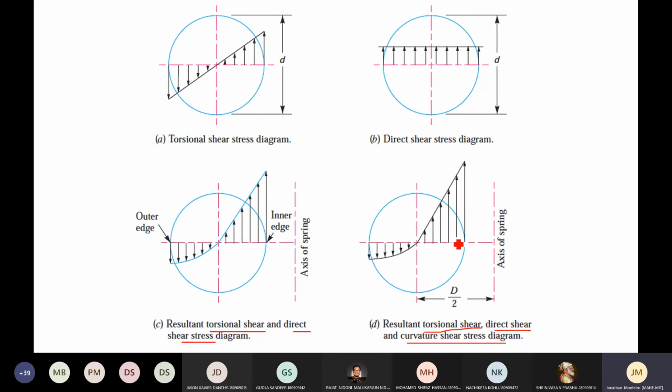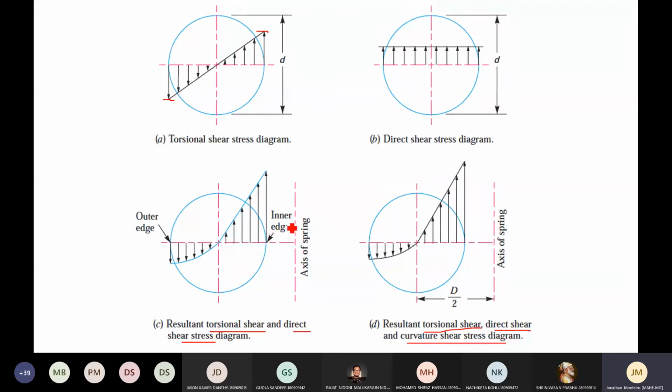Now, one thing you might notice: torsional shear stress is equal and opposite on each side, being a circular cross section of the wire. I'm not talking about the coil, I'm talking about the wire cross section. On this wire cross section, you have equal and opposite torsional stress, and direct shear stress which is equal throughout.